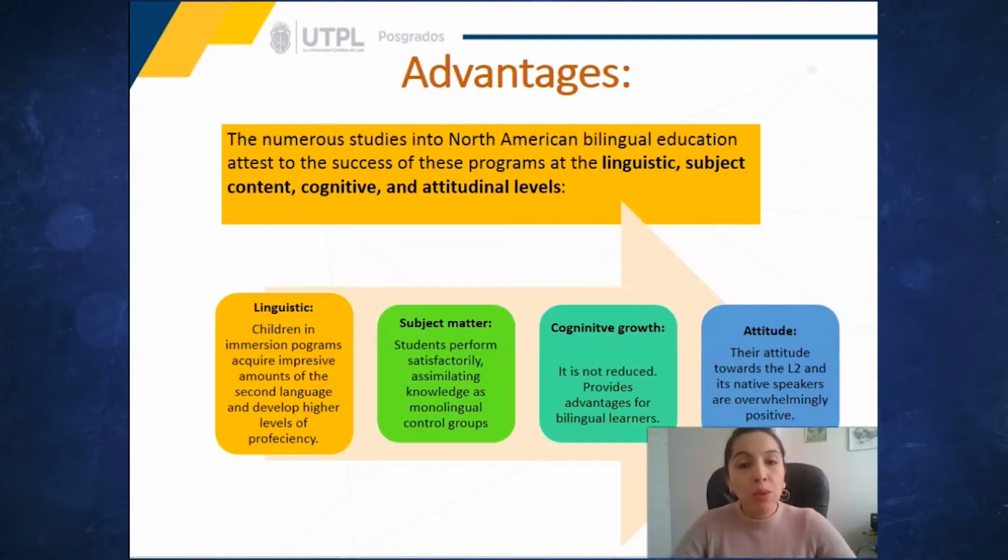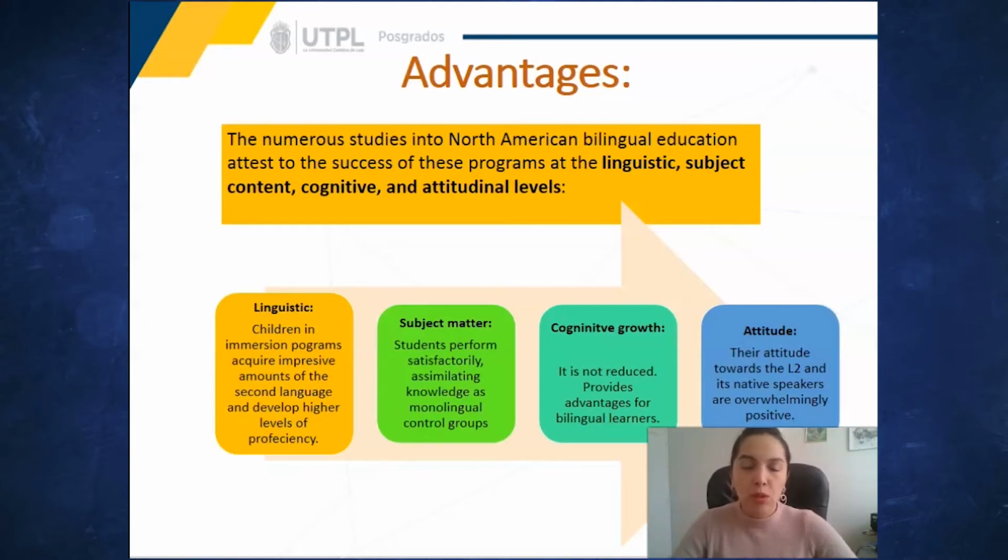They accomplish more native-like levels of language 2 competence, and they also develop much higher levels of proficiency than non-immersion students. They also perform acceptably in the subject matter taught in the second language, assimilating this knowledge at the same high level as monolingual control groups.